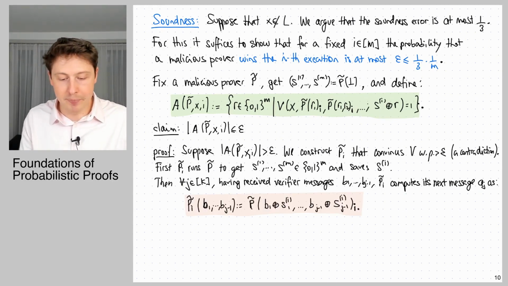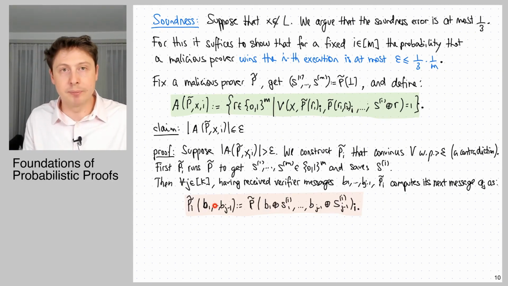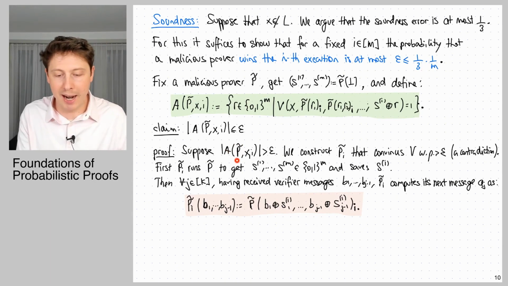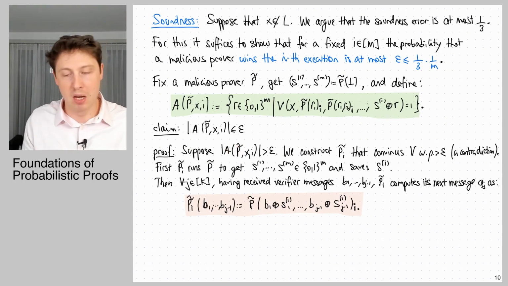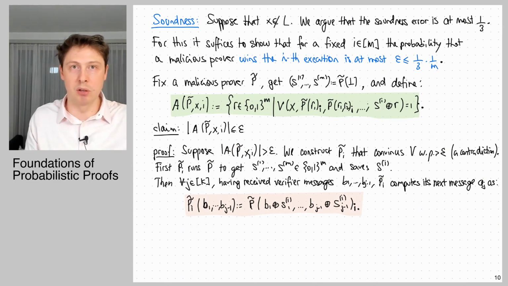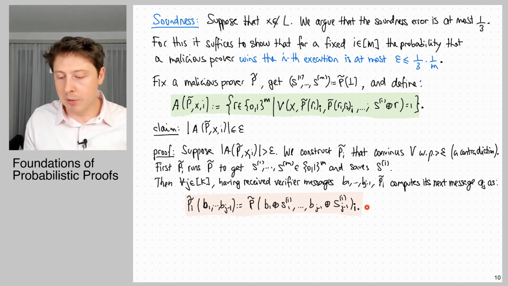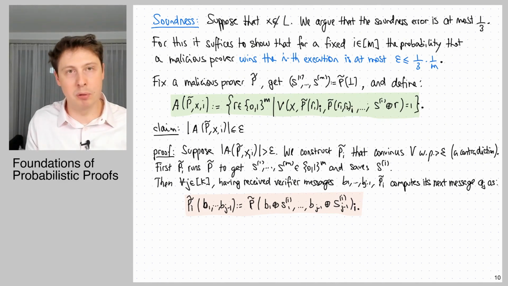It's going to say, okay, these are the messages I received. Let me see what this very capable prover, who wins in the ith execution, said if I ran him on the ith shift, because he lives in that world, so I have to create that world for him, right? And I'm going to just pull out what he said in the ith execution. That is how I compute my next message.